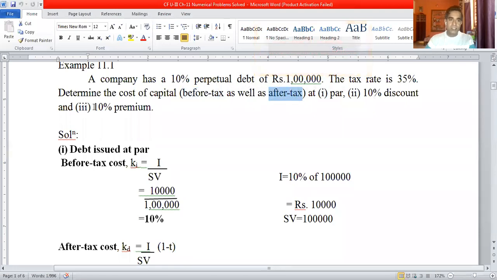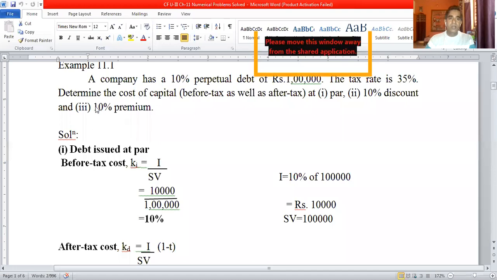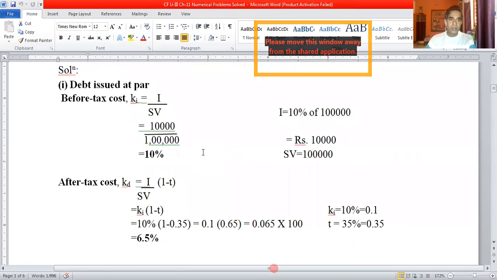In the third case, if the debentures are issued at 10% premium, we again have to calculate the before tax cost as well as the after tax cost of the perpetual debt. It is not difficult if all of you are paying attention.